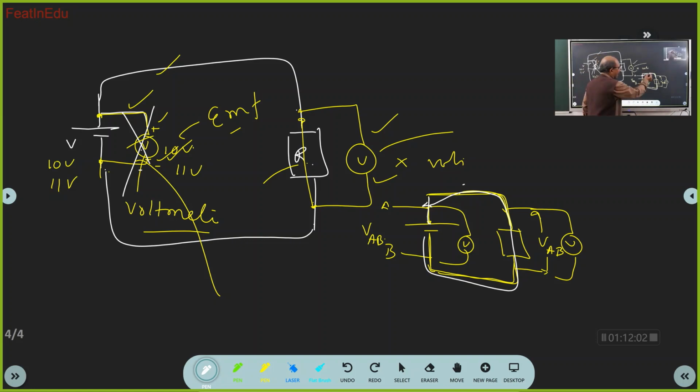Provided there is nothing to consume energy here. If something had consumed energy, then the voltmeter readings would not be the same. So what does the voltmeter read? It measures energy for every coulomb that is passing between the two terminals. So it is the same. Got it? Any other question?